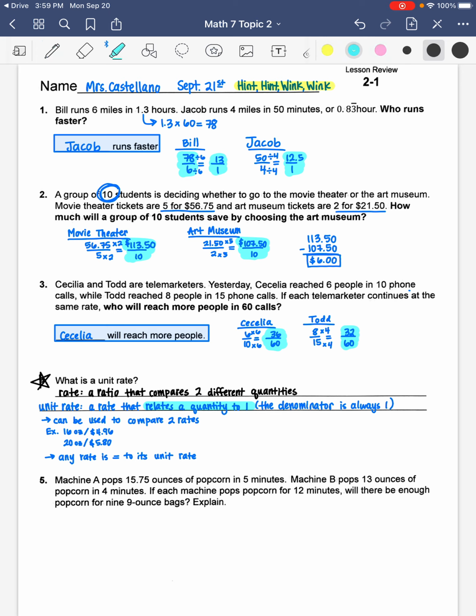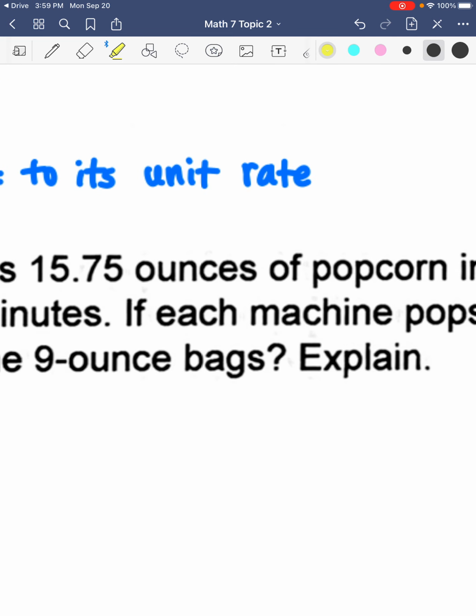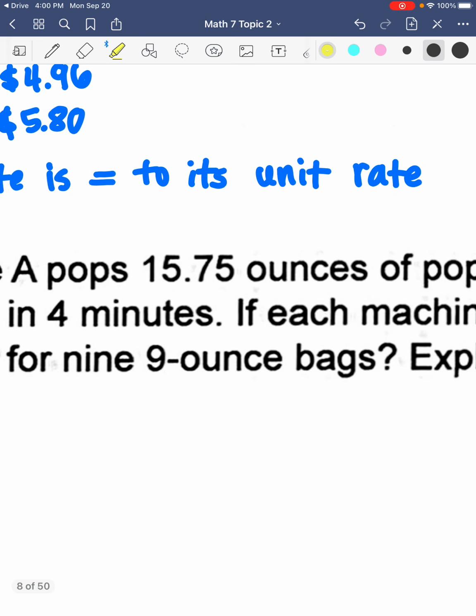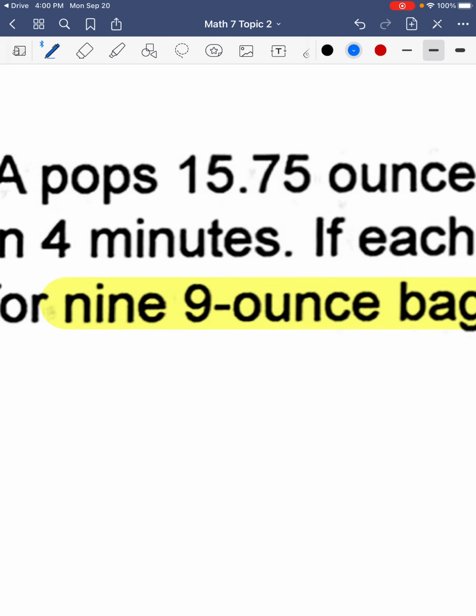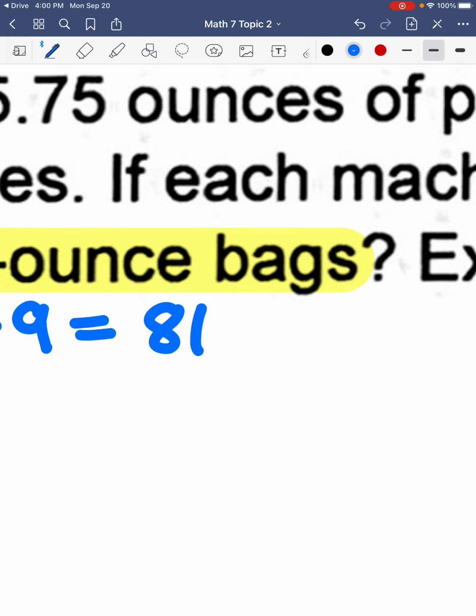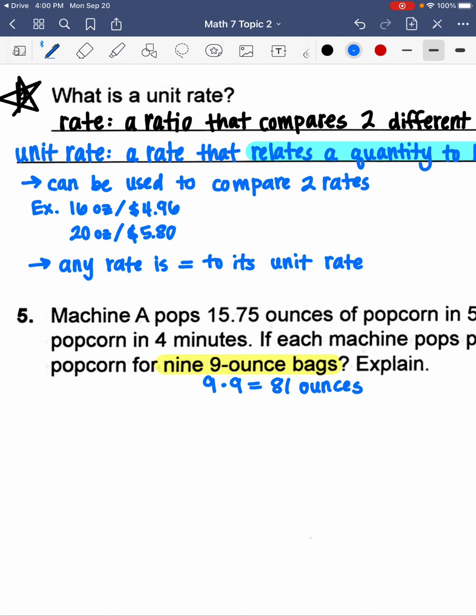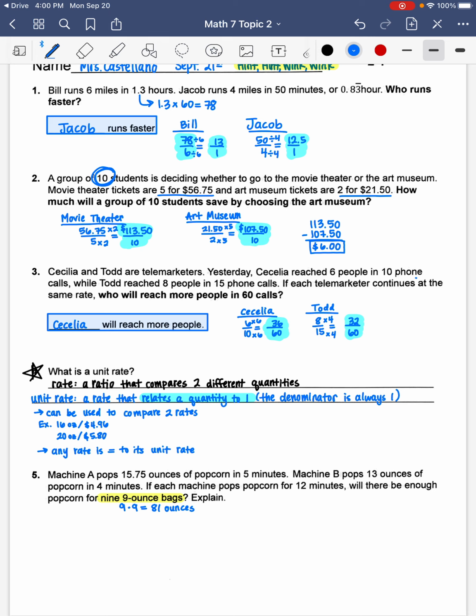Okay, so first of all, one of the things that I notice is that we need 9 9-ounce bags. Well, that just means 9 times 9, which is 81 ounces. That's how much popcorn we're going to need from both machine A and machine B working together, right?